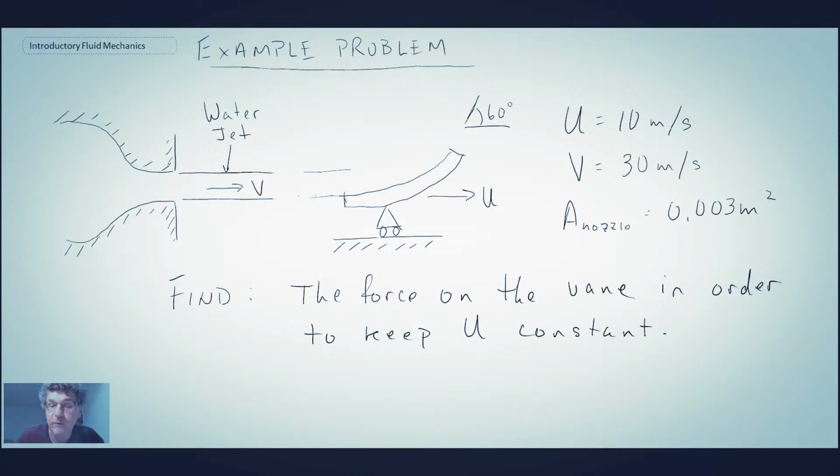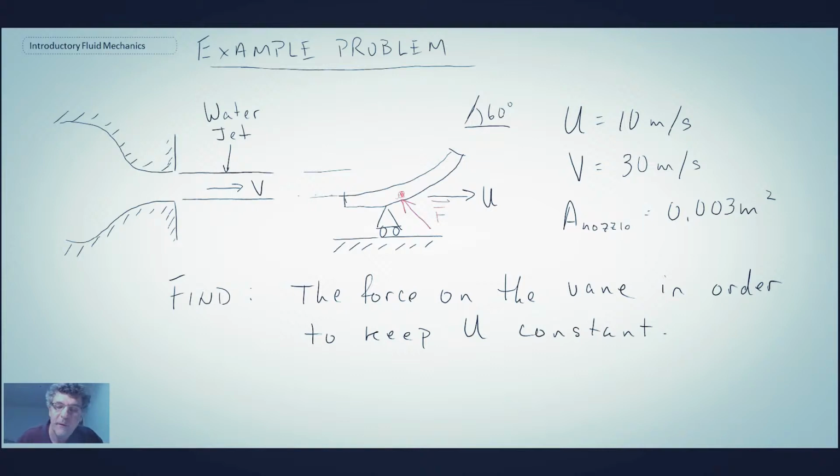So essentially what we're told is what is the force required on the vane. So this is our vane here. There will have to be some force, and we don't know exactly which direction it's going to be moving in. But a force something like that. Let me clean it up a little bit. That's not the nicest vector.